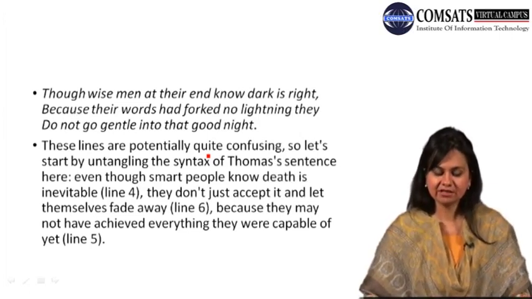So even the wise men, the smart men or the more knowledgeable men feel that death has come quite abruptly, quickly or unexpectedly before they have achieved something in their life.